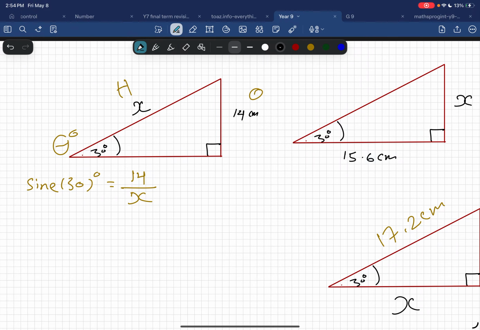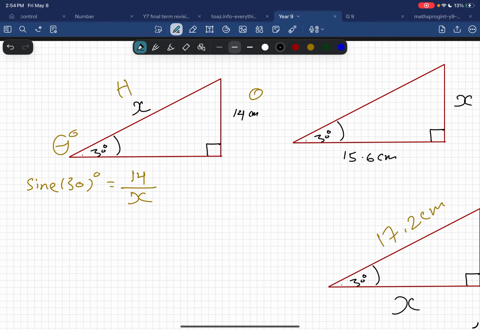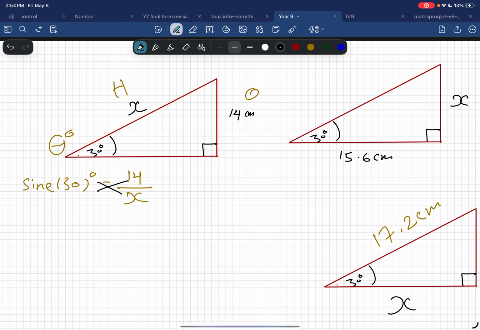After this you do cross multiplication. The denominator here is 1, so x times sine 30 equals 14 times 1, which is just 14.